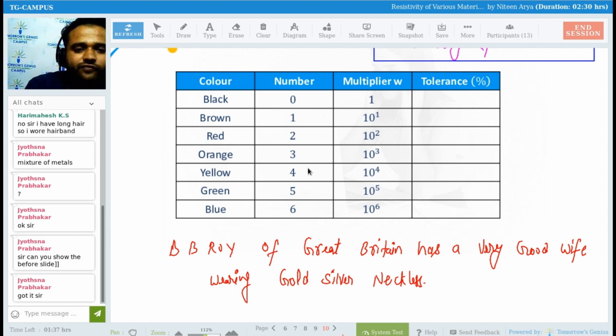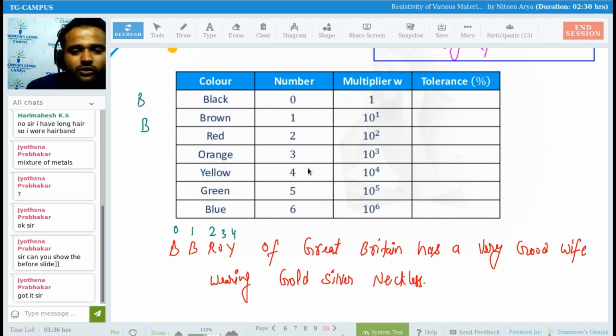See, B.B. Roy stands for this. The first B stands for black, the second B stands for brown. So starting from 0, then 1, then 2, then 3, then 4.